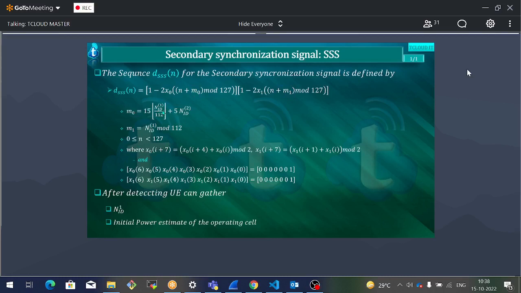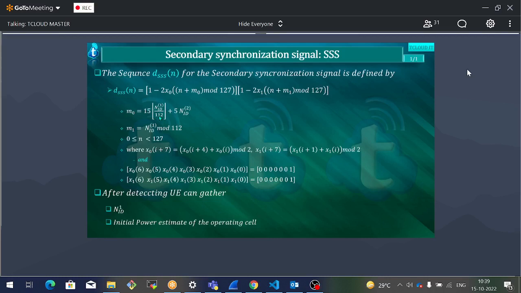There is an NID1, which is called the group ID, whose value ranges from 0 to 336. This NID1 value is configurable by the operator. 336 values are possible for NID1, and the operator will configure one value for every cell.